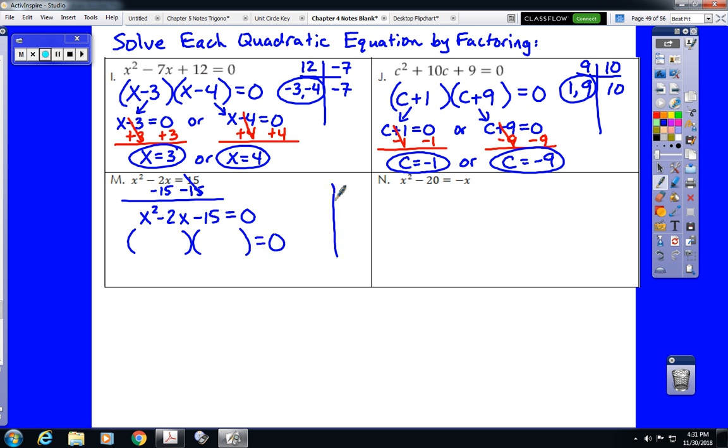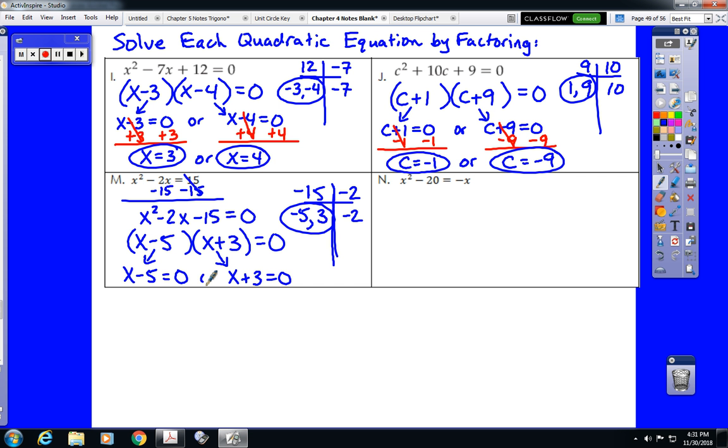We're looking for numbers that multiply to -15 and add to -2. That would be -5 and +3. So that's x minus 5 and x plus 3. And we're going to split that up into two separate equations using the zero product property.